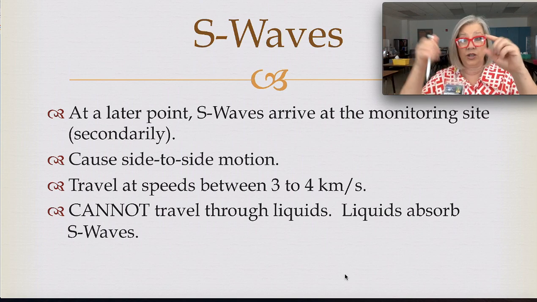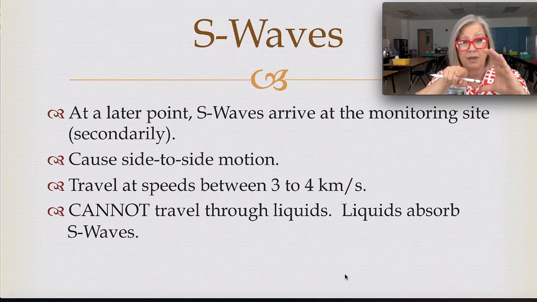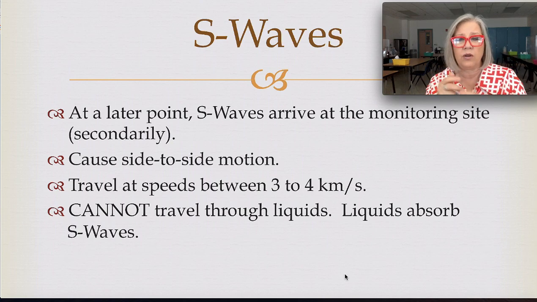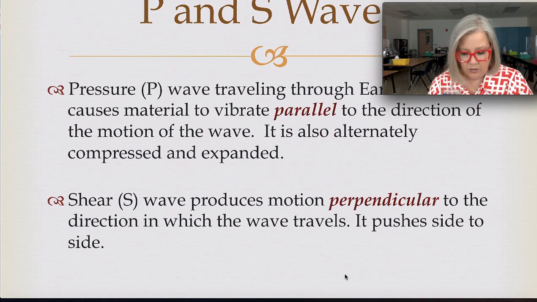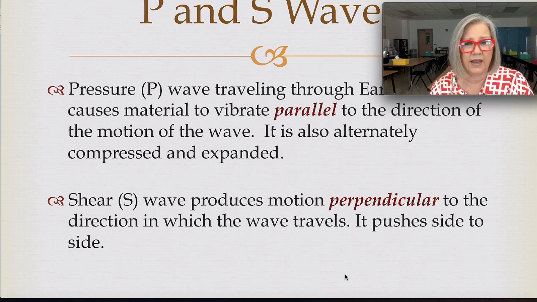So what they could start to do is internally map the globe or the earth based on whether they could feel those S waves come into the stations. So P waves move parallel, another reason why they're called P waves, and S waves are shear, meaning they're perpendicular, or side to side.